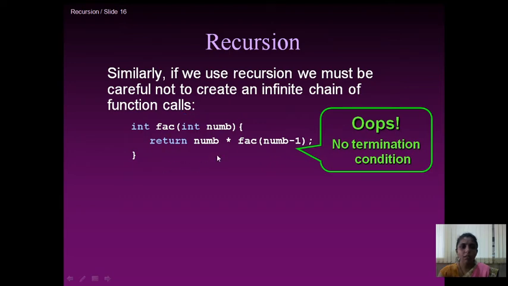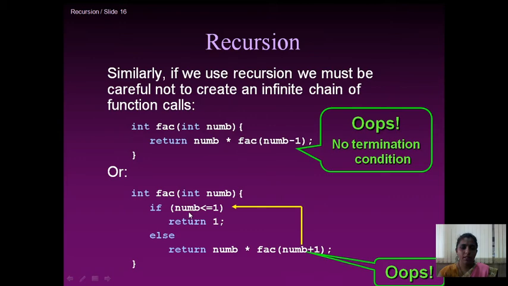So here they have given an example. You can see this is the example where we are calculating the factorial. If we are not giving an else part, or another branch, a non-recursion branch, then it will lead to an infinite process, because this condition will always be true and it will keep on calculating the factorial.